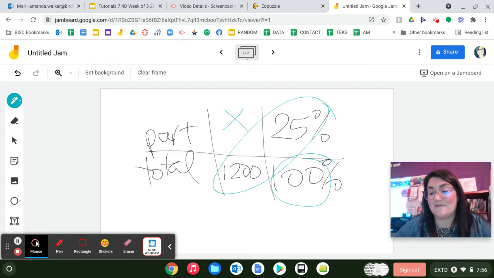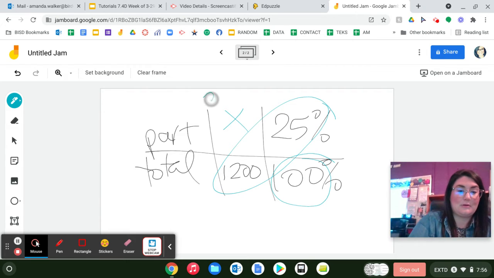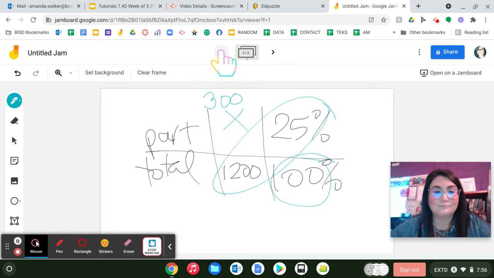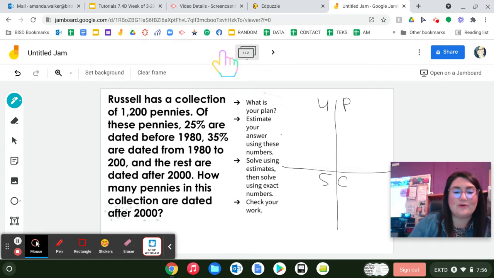So I could take 1,200 and divide by 4, and I can do that in my head. That is easy mental math for me because 12 divided by 4 is 3. So 1,200 divided by 4 is 300. So what I know now is before 1980, I have 300 pennies.